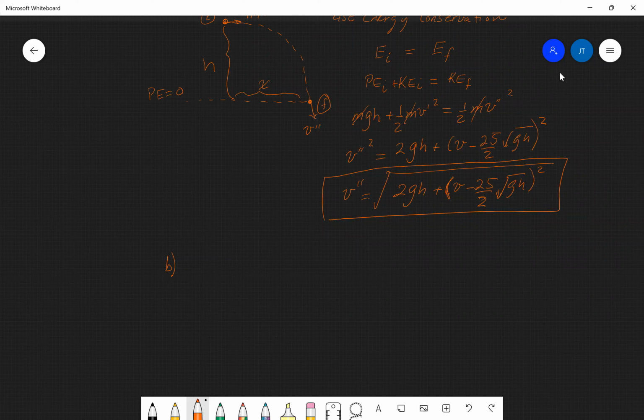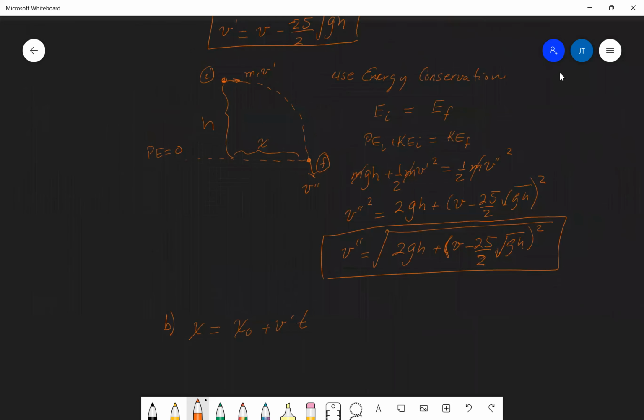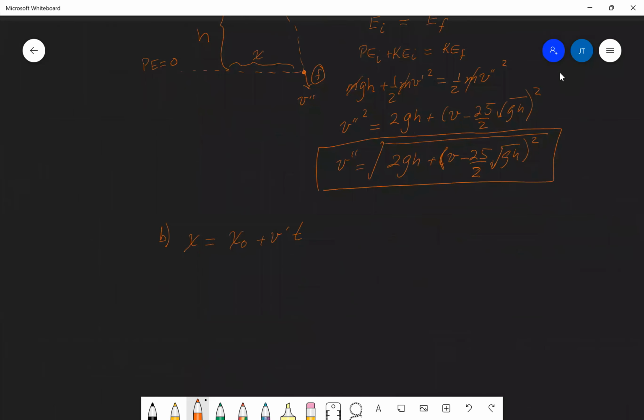So the initial velocity is the final velocity, is the velocity at any point in its trajectory, horizontal, right? So the horizontal velocity is the same. So x then becomes x0 plus v prime t. And here is the v prime. At any point, the horizontal velocity is the same. So there's no acceleration in the x.